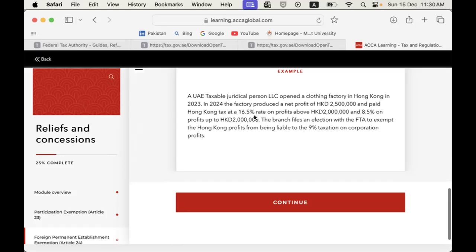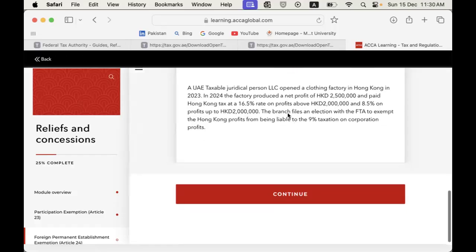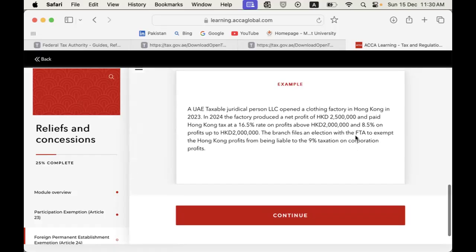So two progressive slabs. The branch files an election with the FTA to exempt the Hong Kong profits from being liable to the 9% taxation on corporation profits. So you can keep the Hong Kong profits in Hong Kong and not include them or consider them in the UAE. There are two methods of double taxation relief.